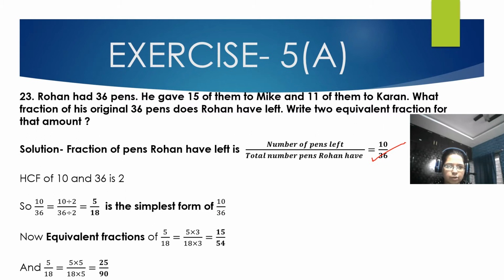So 5 divided by 18 is the simplest form of the fraction 10 divided by 36, and equivalent fractions of 5 divided by 18 are 15 divided by 54 and 25 divided by 90.